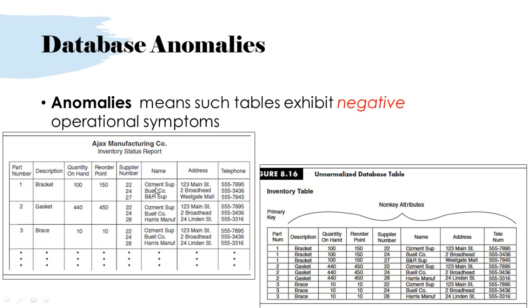For example, here we have supplier number 22, and then when this supplier is no longer selling their bracket to our company, we cannot delete the supplier directly as easily as that, because it contains another part of our product, raw material of the product.